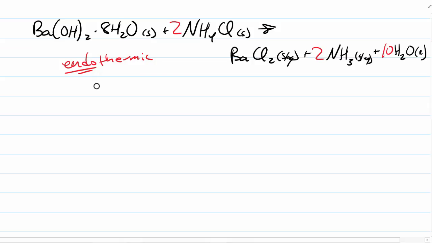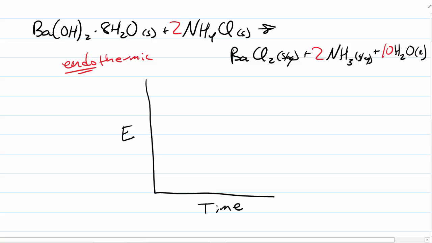So now, in an endothermic process, we can make a plot of the internal energy versus time. Remember, endothermic is, by definition, a process which absorbs energy from the surroundings. Well, if it absorbs energy from the surroundings, that means that energy is going to start where? Low, and it's going to wind up high.